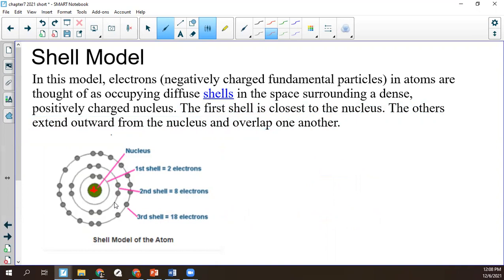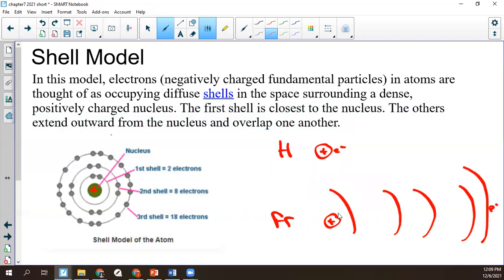Looking at the periodic table, we would say that hydrogen, its proton and electron are really close to each other because it only has one shell. I'm going to say in francium, the proton and its outermost electron is like right here. Now there's a bunch of shells in between, but it's really far, right?